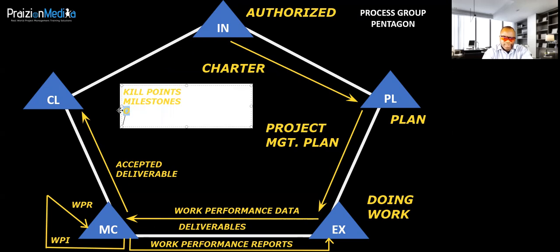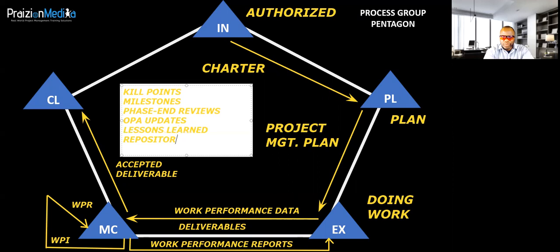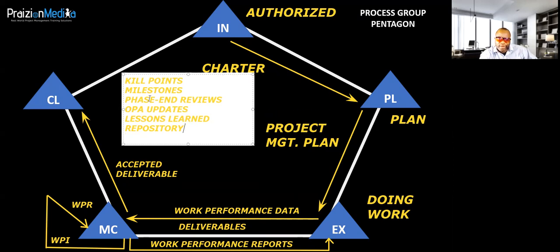So let me do this again. Phase end reviews, organizational process assets updates. In other words, we could have a lessons learned repository being populated with whatever we have found as our lessons learned. So a lot of stuff there.